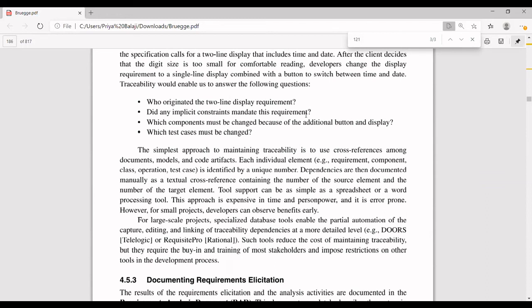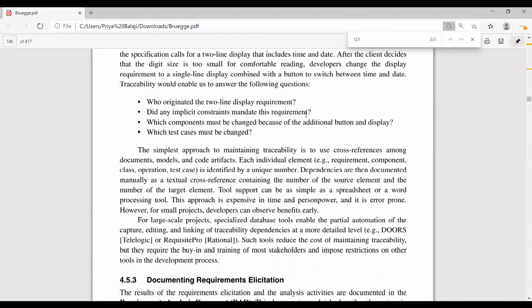For every action you are trying to do, you have to find out the reason for that particular action. The dependency for that action has to be maintained. That is called traceability. That's it. Certain questions are given there. Who originates the 2-line display requirement?